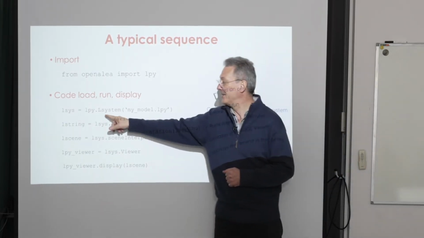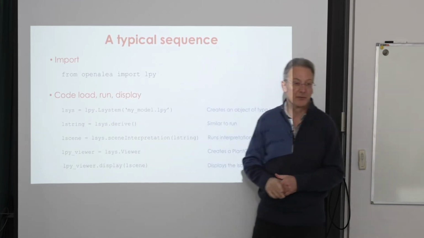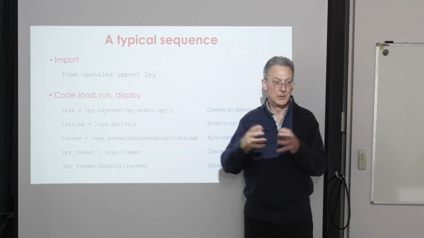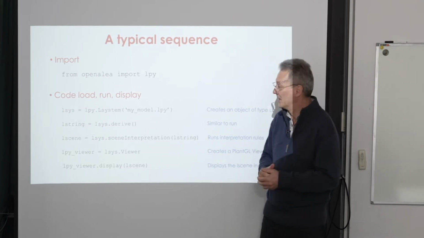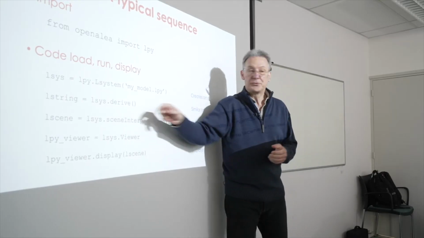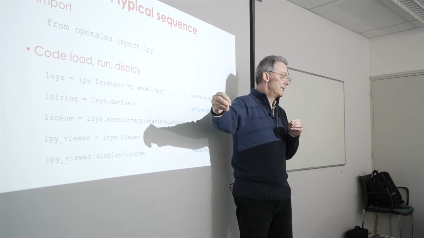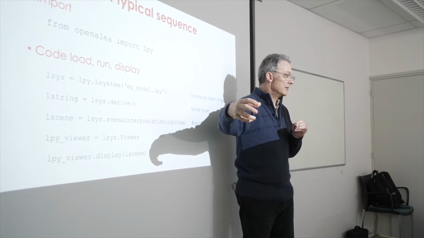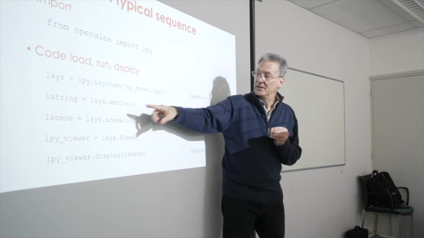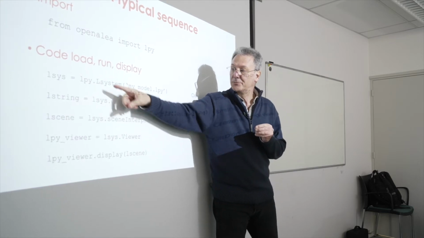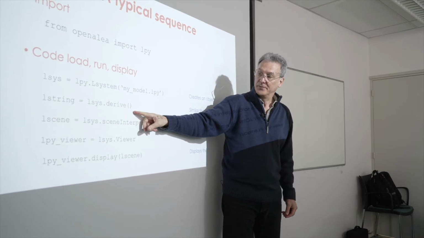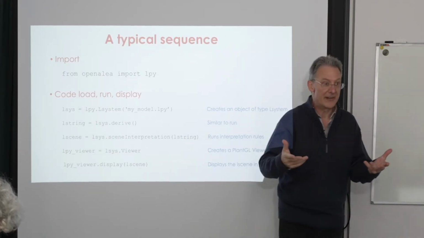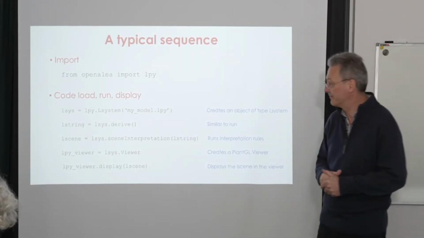And the function LSystem would make it possible to transform the file into an object in the machine that represents your LSystem. Then you want to compute all the sequence and then get the final result. This is LSys, the LSystem object that you derive up to the end. Okay, and this gives you the final LString of your system.